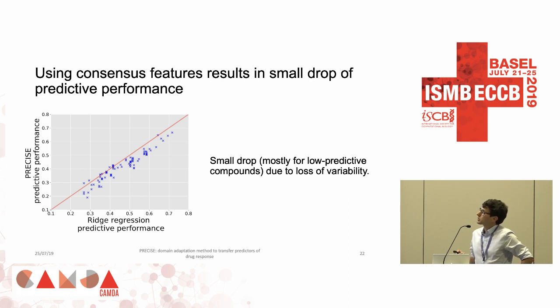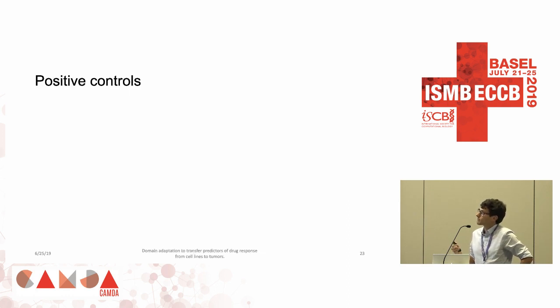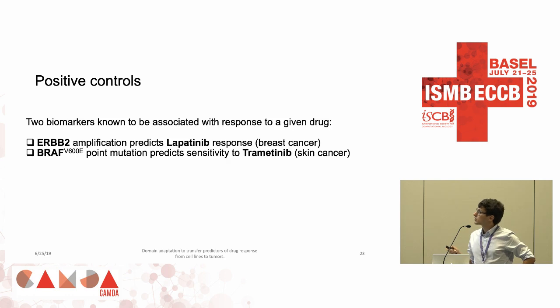But what's most important is to know how PRECISE behaves in human tumors, because this is ultimately what we want to do. Unfortunately, as I said earlier, we don't have any drug response data, or really scarce. So instead, we decided to go for positive control, so really clinical behavior that our algorithm needs to recapitulate. So here I will show two results. The first one is the ERBB2 amplification that is a predictor of lapatinib response.